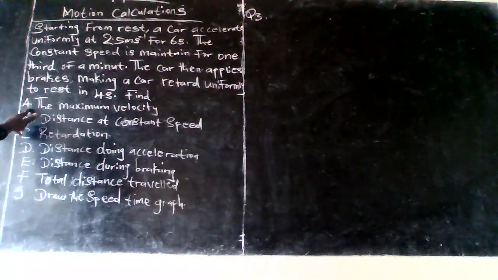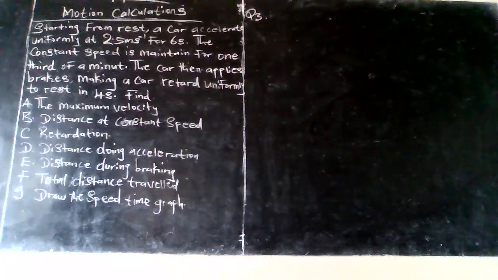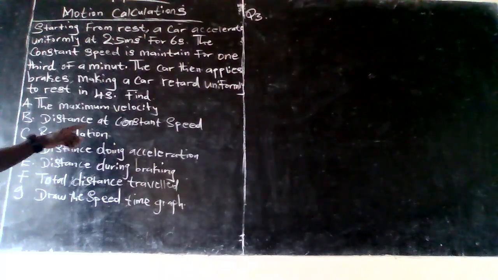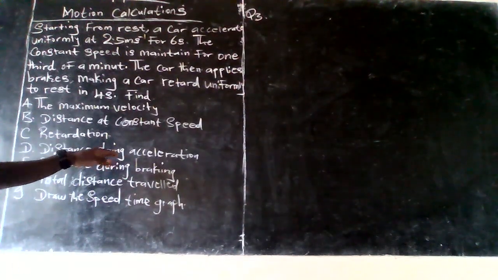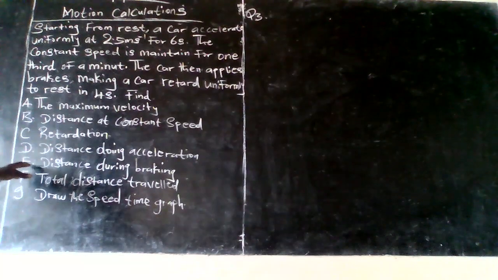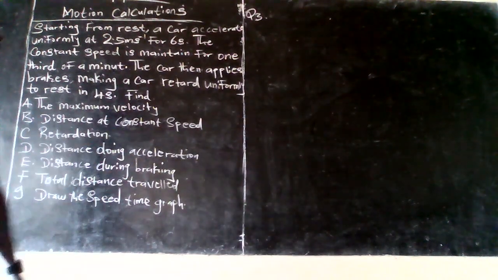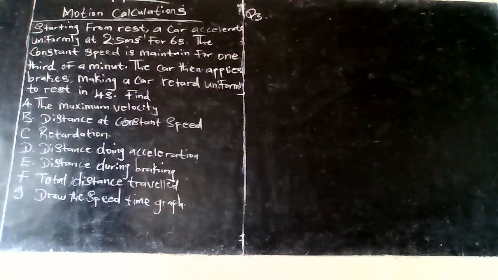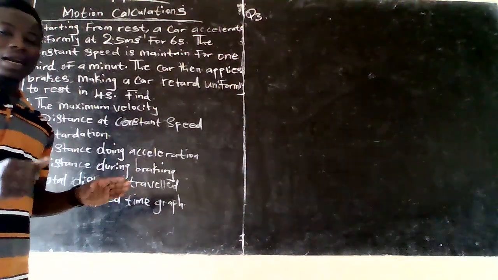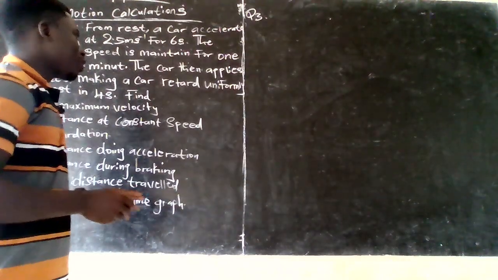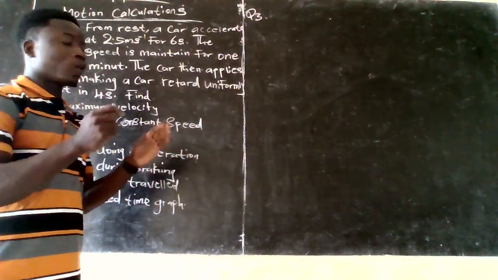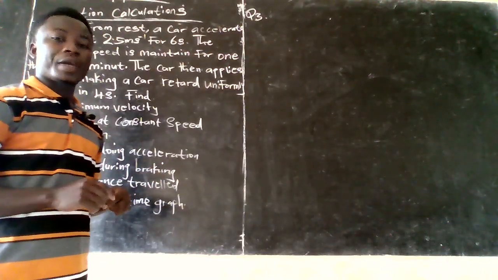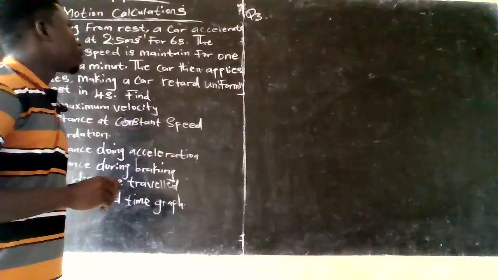Find A, the maximum velocity, B, distance at constant speed, C, retardation, D, distance during acceleration, E, distance during braking, F, total distance traveled, G, draw the speed-time graph. As you can see, this question 3 is a little bit complex, so pay maximum attention to how we are going to solve it.